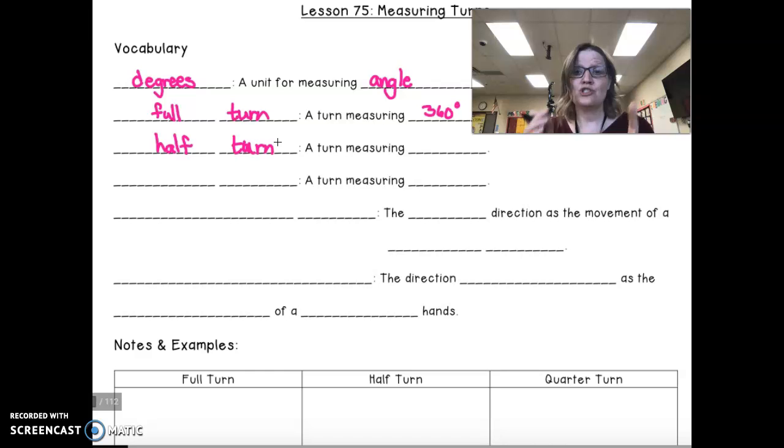So I'm going to start it going this way, and I'm going to go a half turn. Notice how I'm turning. And now I'm facing the opposite direction from where I started. So a half turn, if we were to measure it in those units of angles, is 180 degrees.